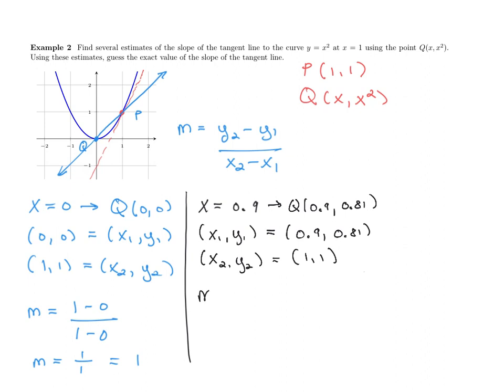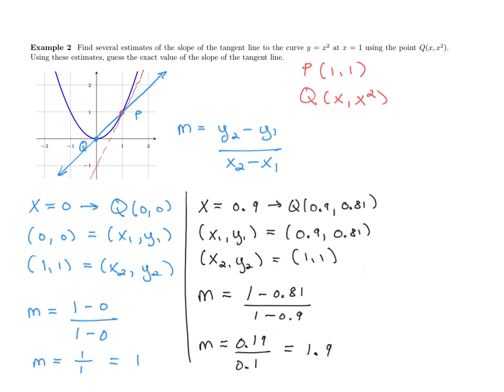In a calculator, if you compute the slope, y2 minus y1 is 1 minus 0.81, and then x2 minus x1 is 1 minus 0.9. If I type this into a calculator and carefully compute it, this reduces to 0.19 over 0.1, or simply 1.9.